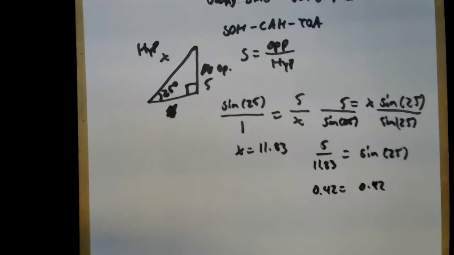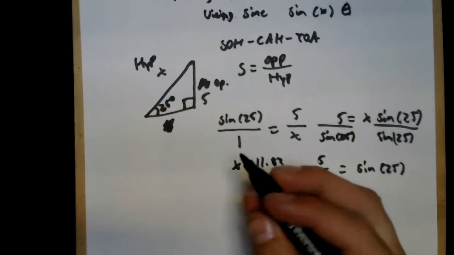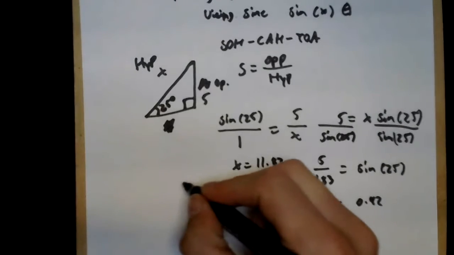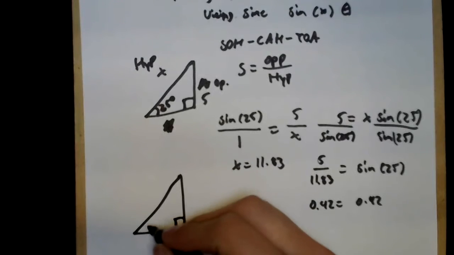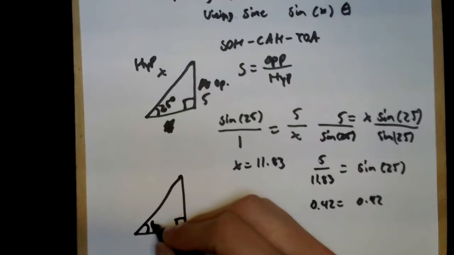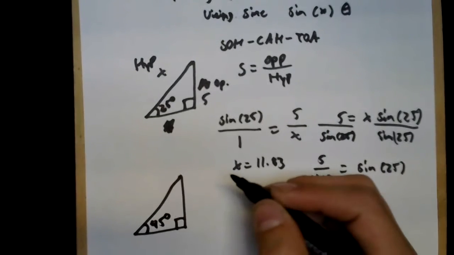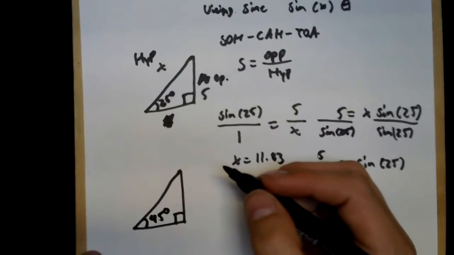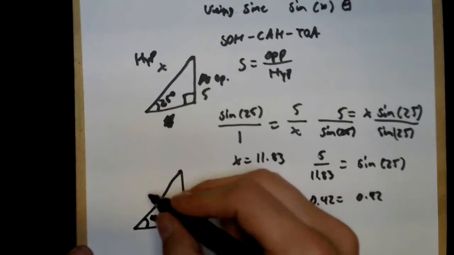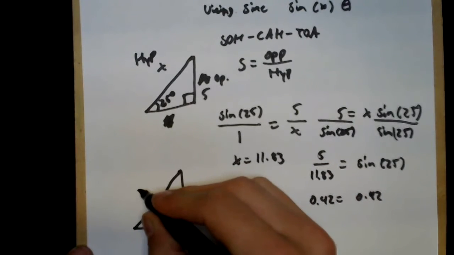Then we'll do the exact same thing in a similar way. We have your right triangle. We'll say this is now 45 degrees. And we're given that this is, we'll say, 20.